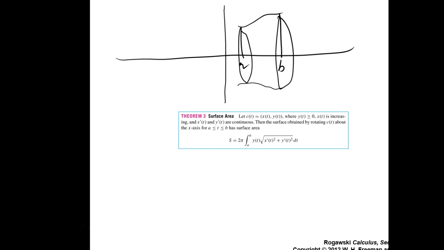Now, the only reason I drew the circles there is to illustrate what the surface area is basically going to be: a little increment here, rotated about this radius here. So it's going to be like that, a little piece of the cylinder, rotated.